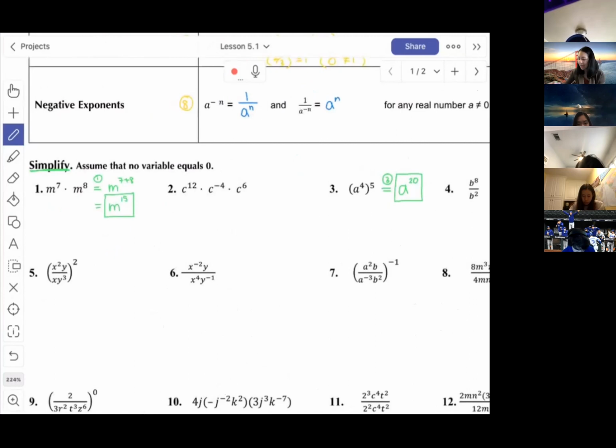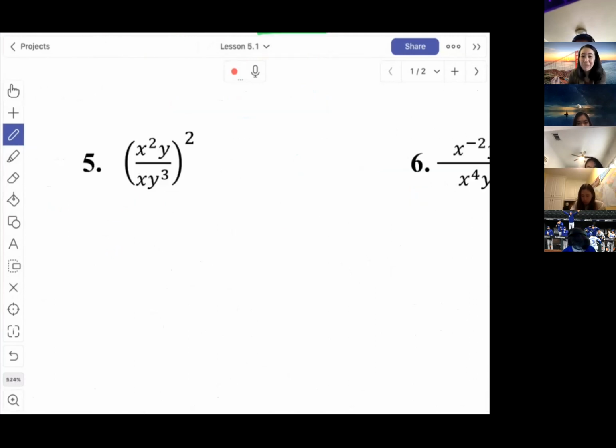Number 5, what I would actually do before I start handling that exponent is see if you can simplify the inside first. It makes it a lot easier if you can. So let's simplify the inside. So x squared divided by x to the first. This is my second property that allows me to subtract those exponents.